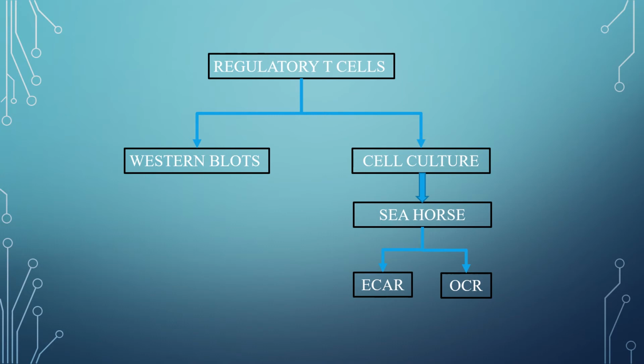We used Seahorse technology, which targets components of the electron transport chain and creates certain cellular stresses. This technology measures the mitochondrial respiration rate by oxygen consumption rate, or OCR, and assesses cellular glycolysis by quantifying the extracellular acidification rate, or ECAR, under stressful situations.